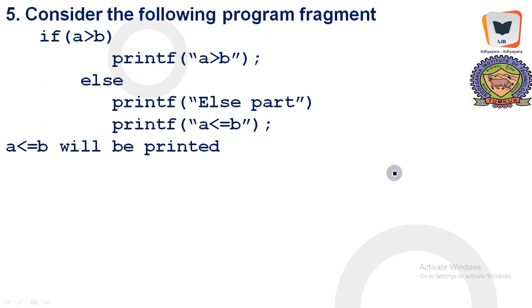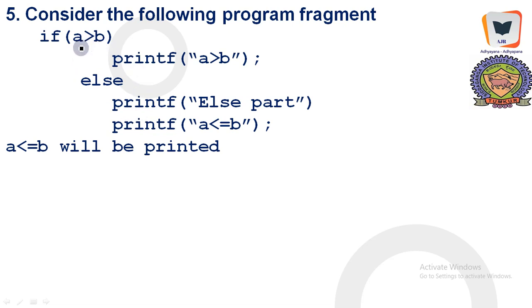Then fifth question is, consider the following program. If A greater than B, printf A greater than B, else printf else part, then printf A lesser than or equal to B. A lesser than or equal to B will be printed because this printf statement is not under the control of either else block or if block.